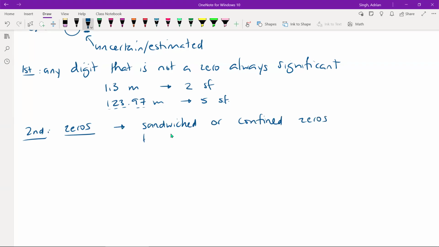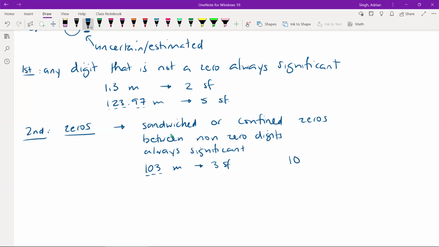So these are zeros between non-zero digits. And these are always significant. Okay, so for example, if I have 103 meters, obviously the 1 and 3 are significant. Here, the 0 being a sandwiched 0 is going to be significant. That's going to have 3 significant figures.